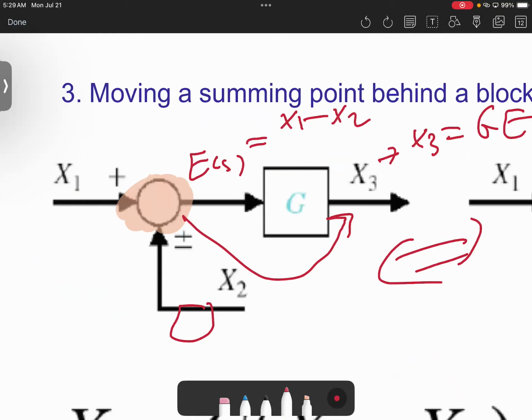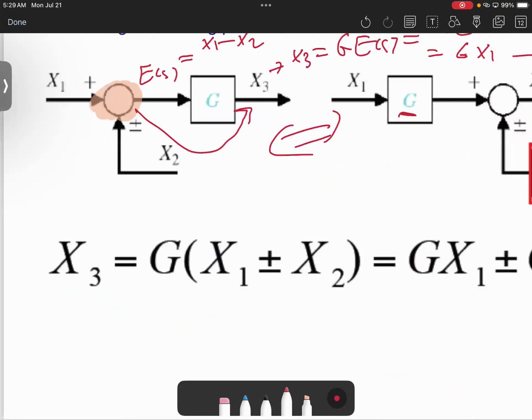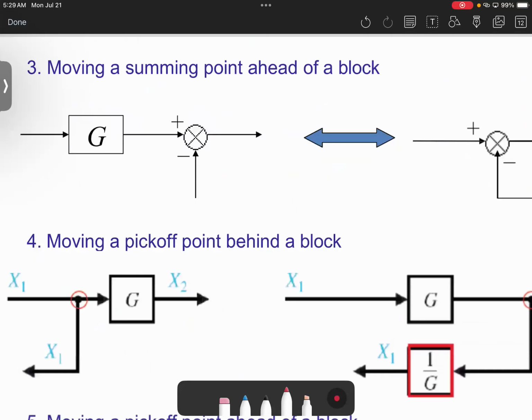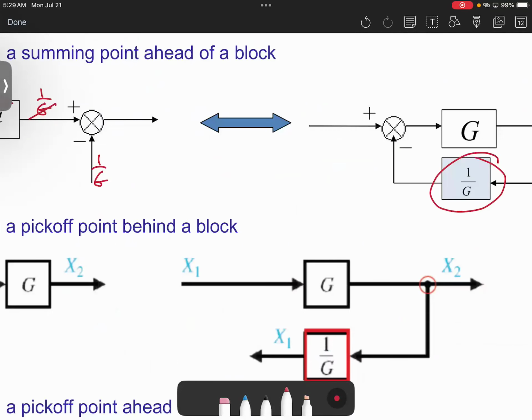However, if we need to move it back, we need to what? Divide both sides. So we will multiply this side by 1 over G, this side by 1 over G. Therefore, 1 over G and G will cancel each other. This is 1 over G here.